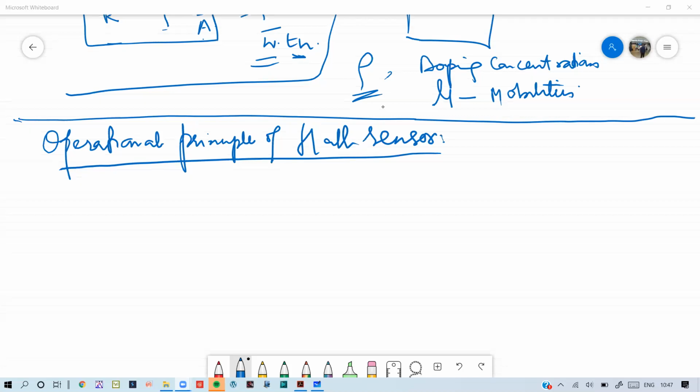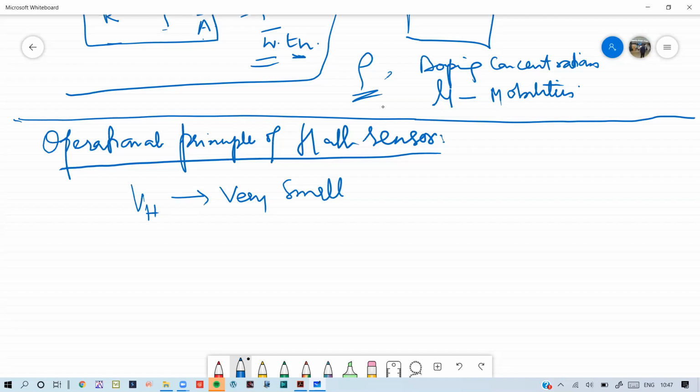We take a material which is a semiconductor or a metal, and current passes through it in the presence of a magnetic field. The voltage which is generated perpendicular to B and I is VH, and this VH is measured, but the problem is that the VH measured in a semiconductor is very small.